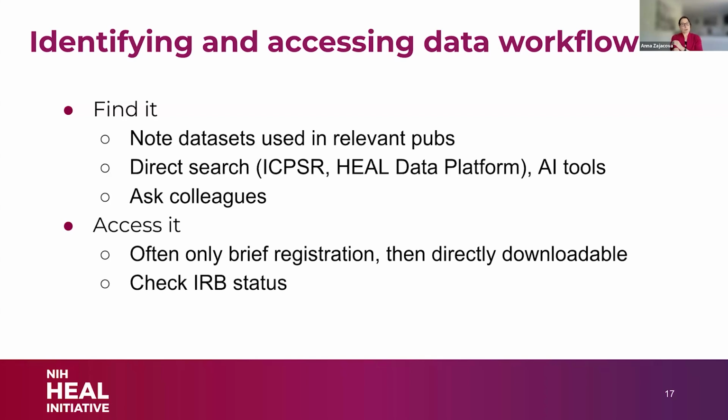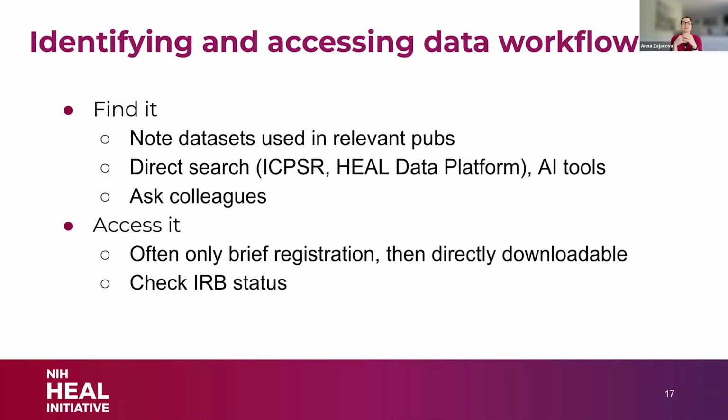You can do some direct search, such as with the HEAL data platform that will be covered later, but also AI tools such as Elicit, where you can look for specific questions and look for other papers that have used particular data sets. And always ask around, email the authors.